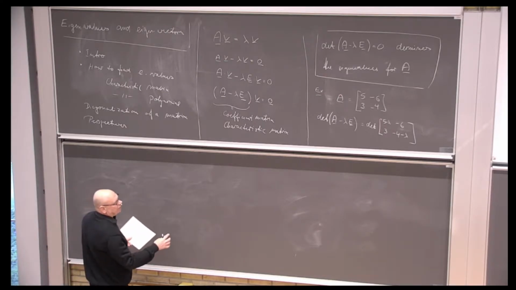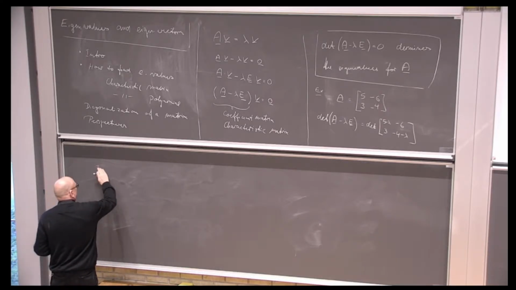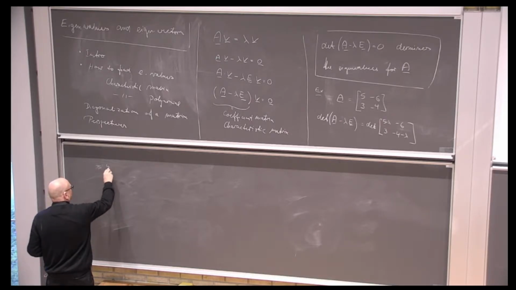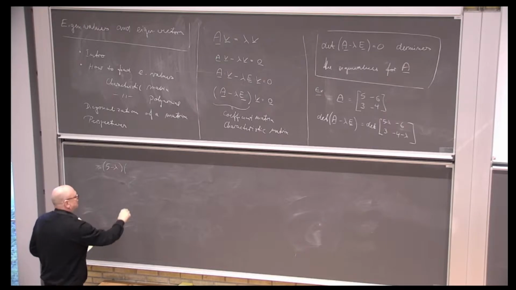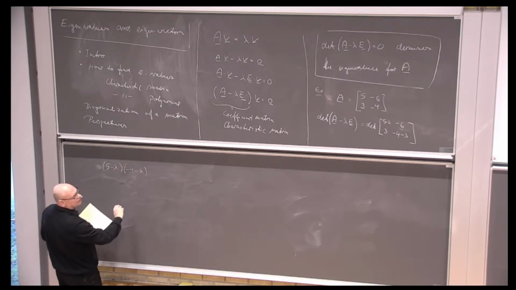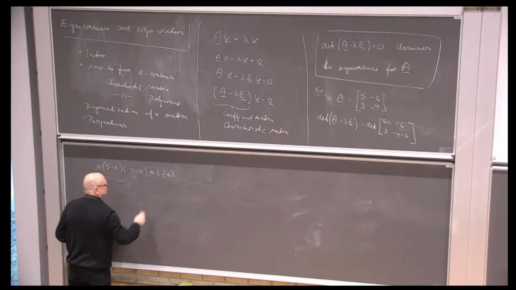It's a 2x2 matrix, so the result is, if I multiply it out, 5 minus lambda times minus 4 minus lambda, and then plus 3 times minus 6.